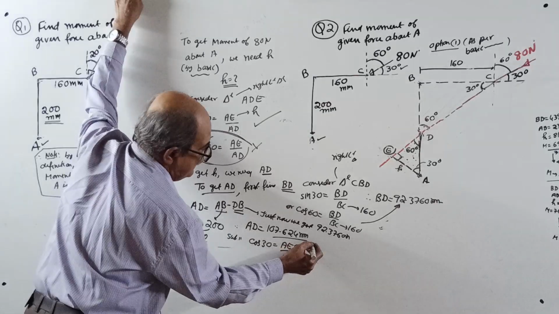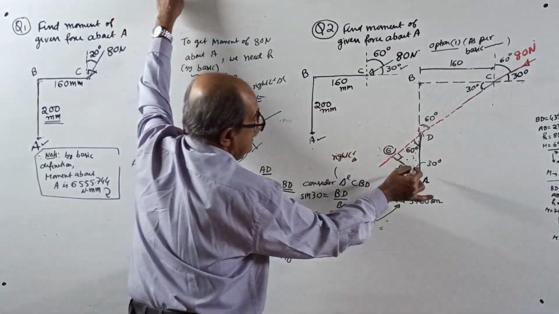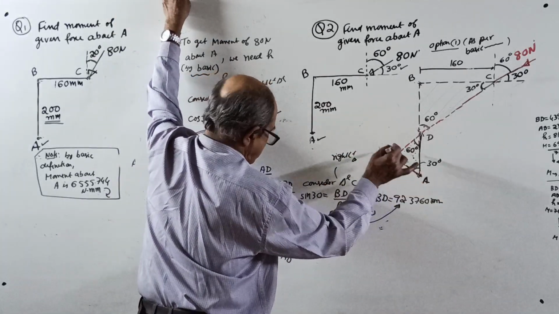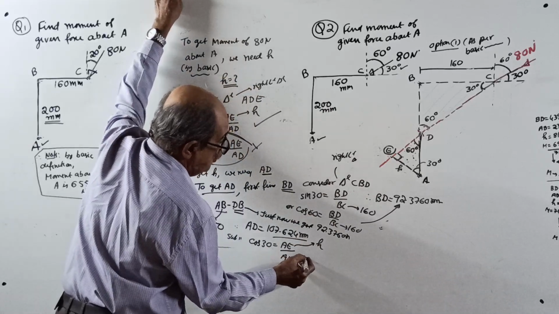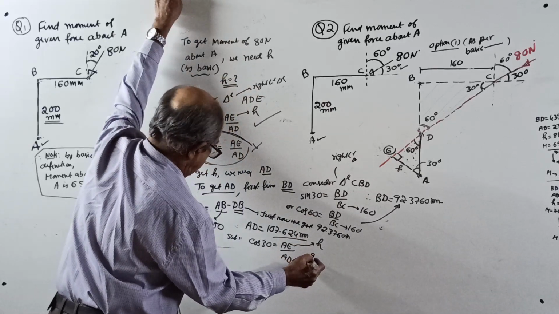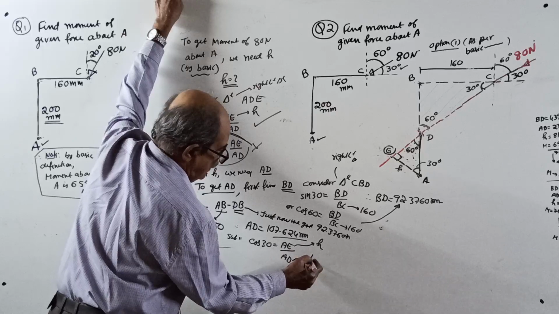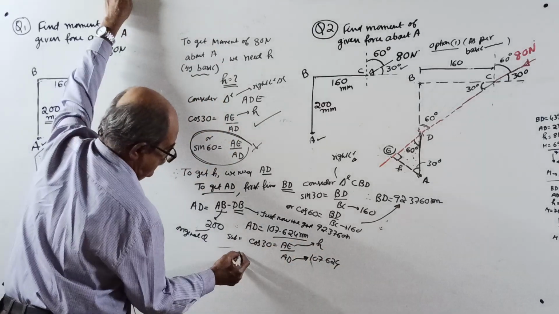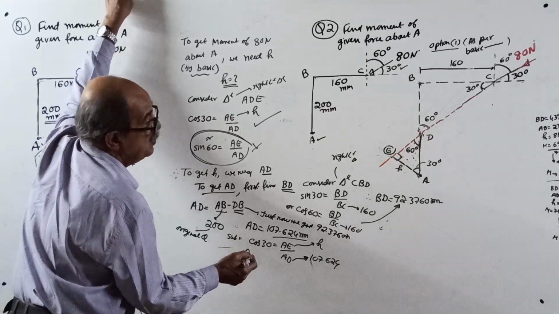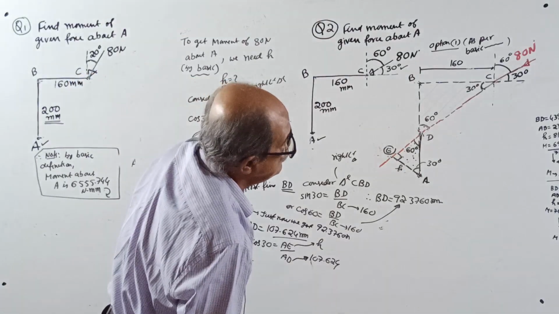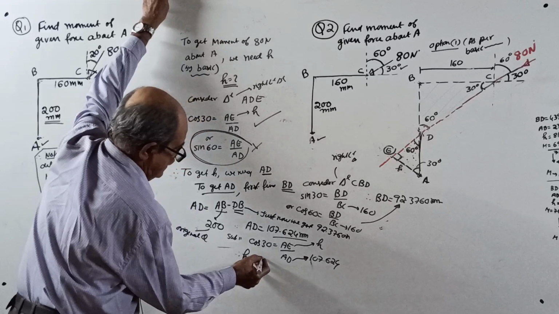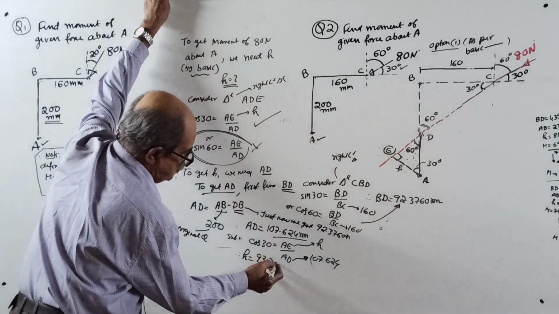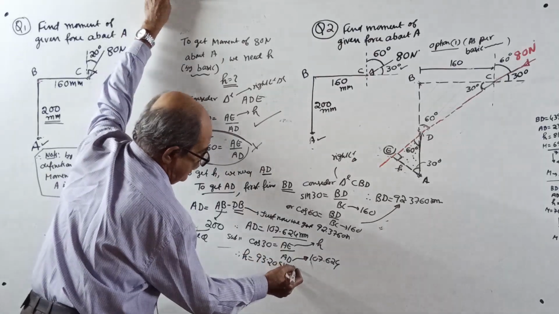Your AE is nothing but H, the perpendicular distance. A to D is 107.624, just now we got. Therefore, your H equals 93.2051 millimeter.